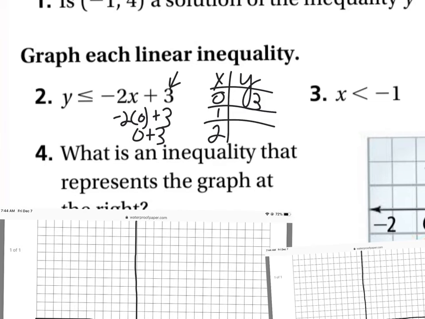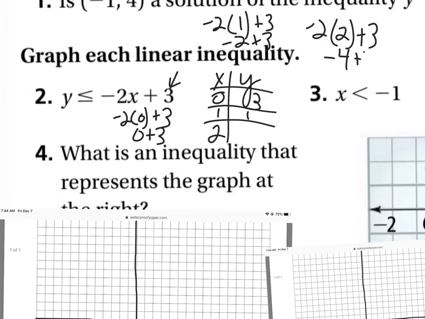If we put a 1 in, -2 times 1 is -2, plus 3 is 1. And if we put a 2 in, -2 times 2 is -4, plus 3 is -1.